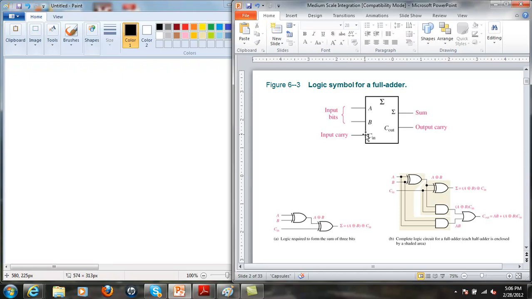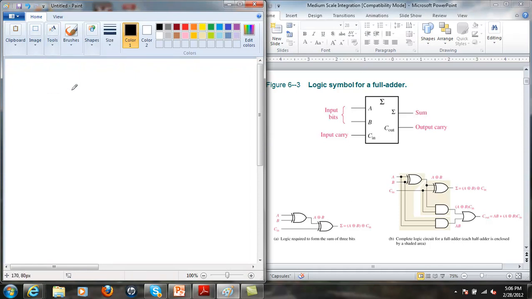If there's a carry in, you would add that as well. If you're adding something, typically you're adding 2 numbers, so A plus B, and then also the carry in. These can be 0 or 1, all of them.